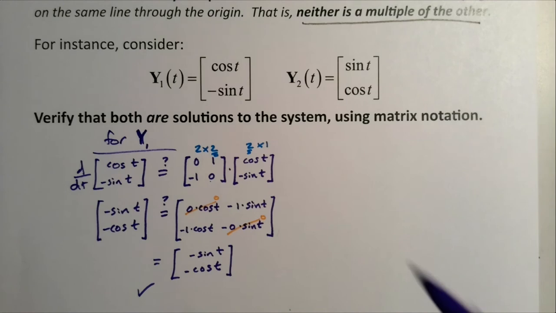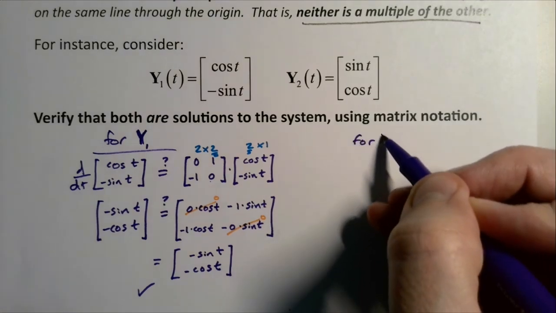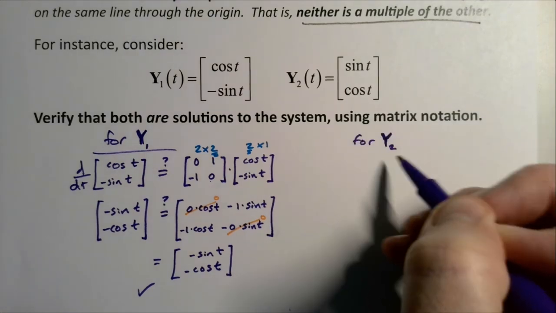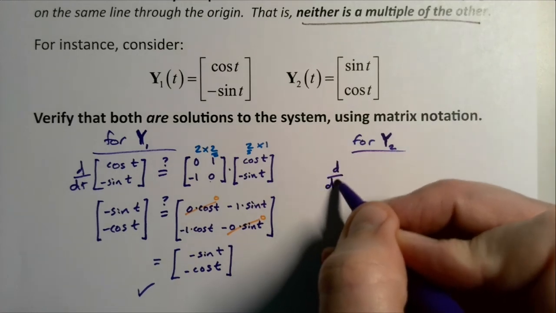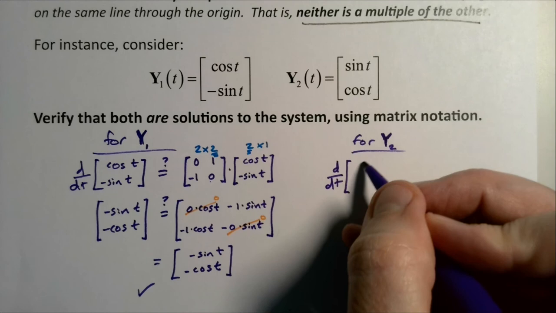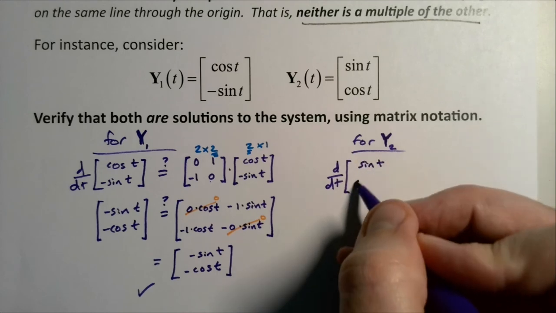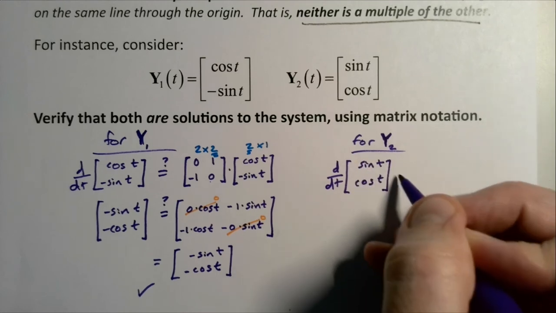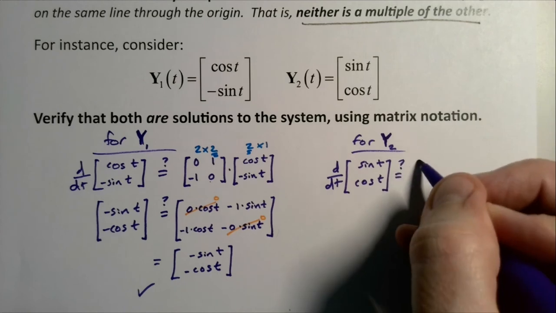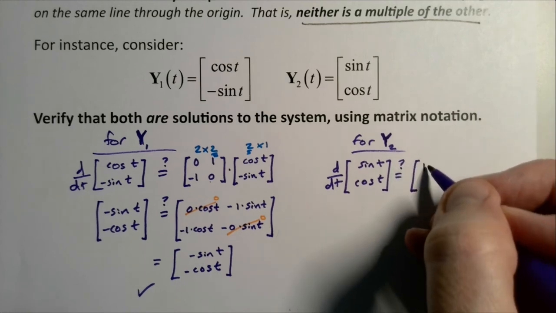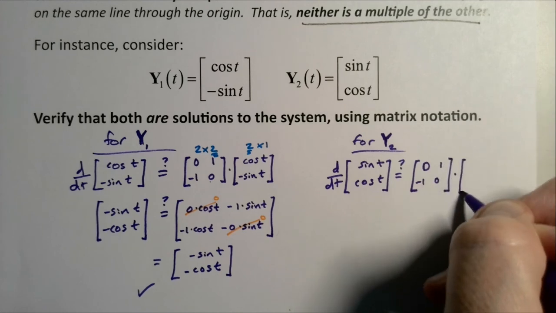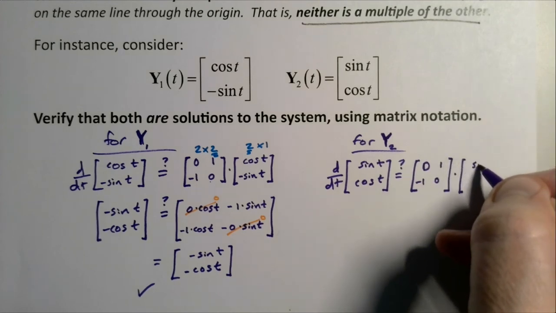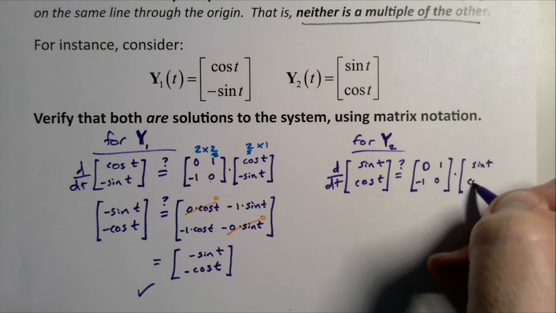And over here we could do the same thing for y2. And that means taking the derivative of y2, which is sine on top and cosine on bottom. The other side, the question is, does that equal 0, 1, negative 1, 0 times sine on top and cosine on the bottom?